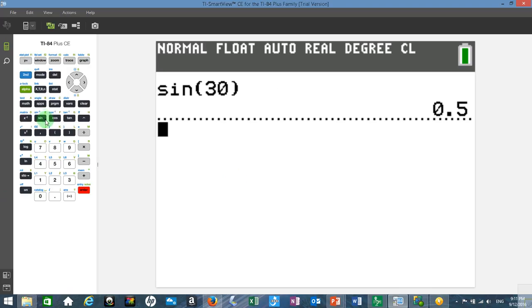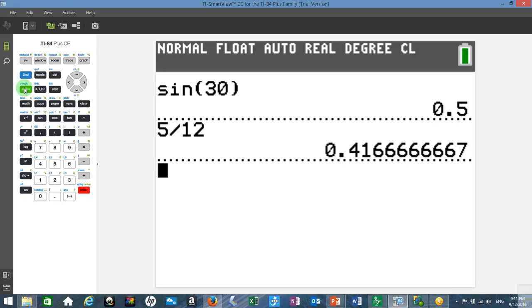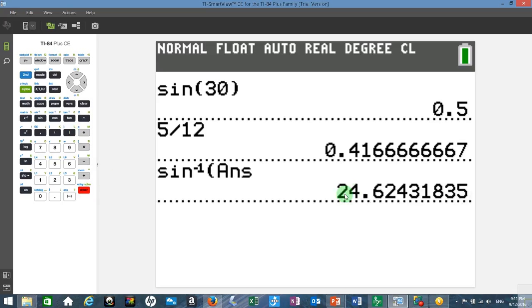Okay, and you would type in, let's say, 5 divided by 12 equals, and then take the inverse sine of that. So you would hit second, inverse sine, of second answer, and that's equal to 24 degrees, 62 minutes.